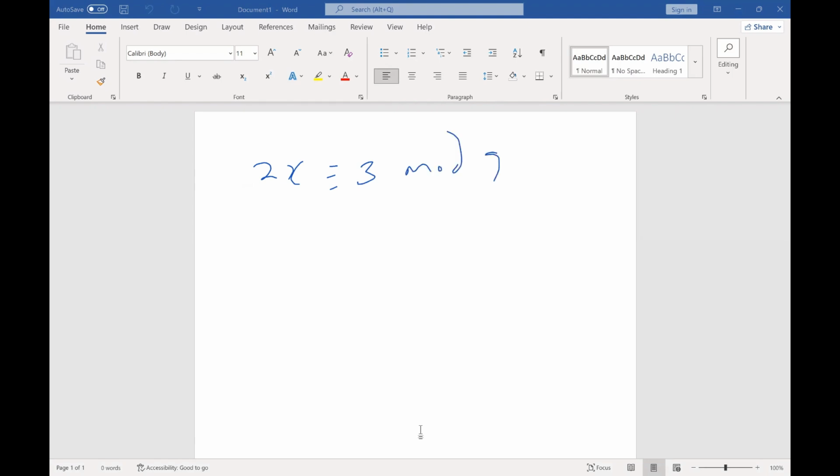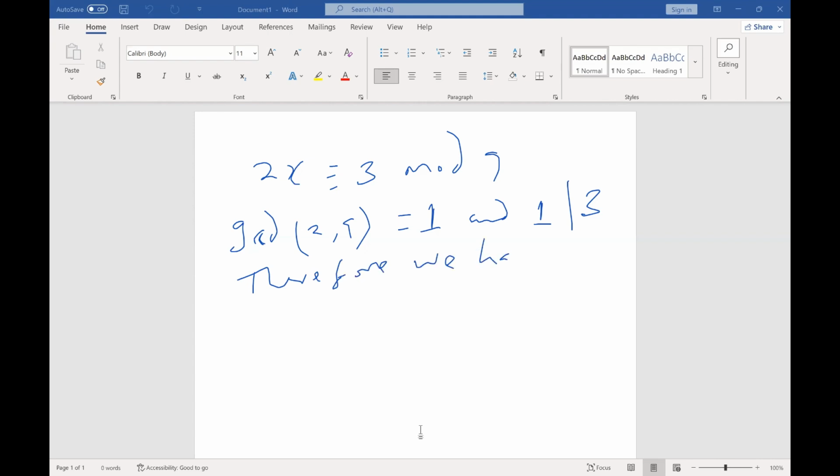So we test the GCD of 2 and 9, and this is 1. Is that okay? And 1 divides 3. Is that okay? Therefore, we have a solution. We have one solution.